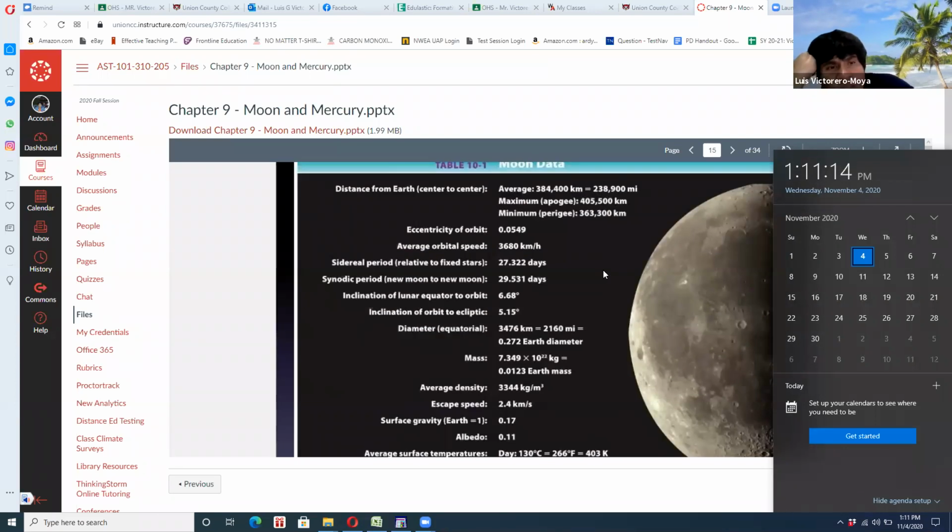It has a considerably nice eccentricity of 0.0549. It has a mass around 100 times less than the mass of the Earth. So that's not actually too low, right? The mass of the Earth is 6 times 10 to the 24 kilograms.